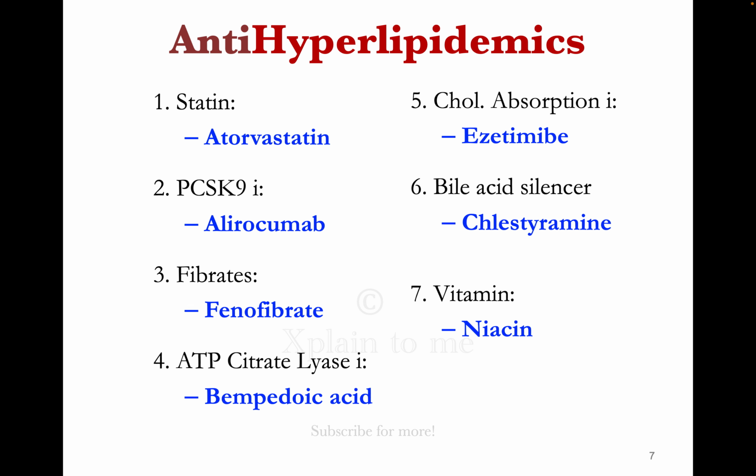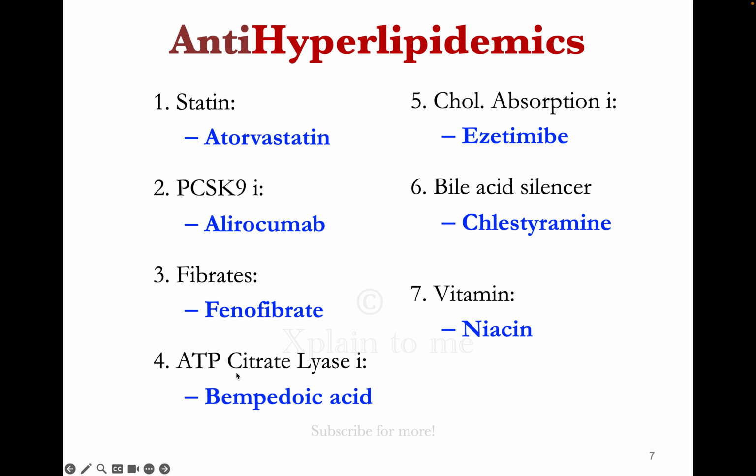in the cholesterol synthesis pathway. But if you compare statin with the 4th class, ACL inhibitor or ATP citrate lyase inhibitor, here also it is an enzyme inhibitor, but it is an entirely different one, targeting exactly the same pathway, the cholesterol synthesis pathway, but this one is working on the ACL enzyme.